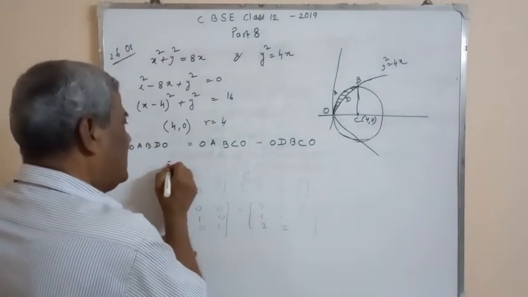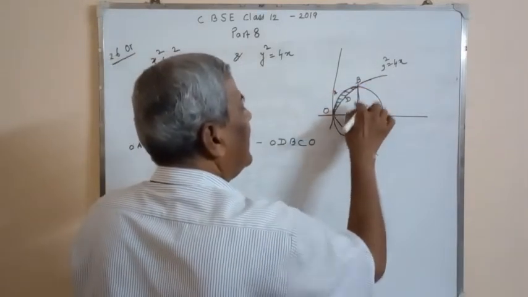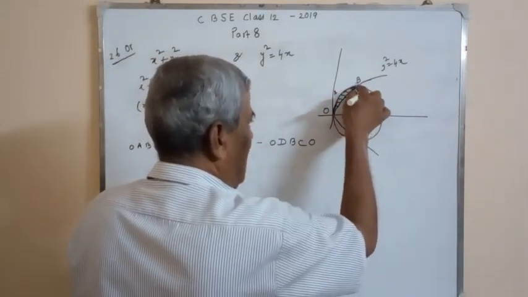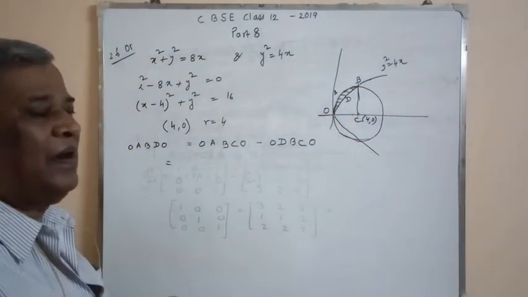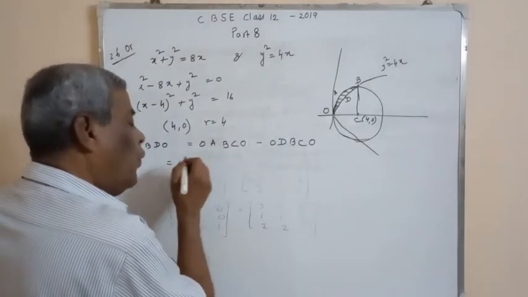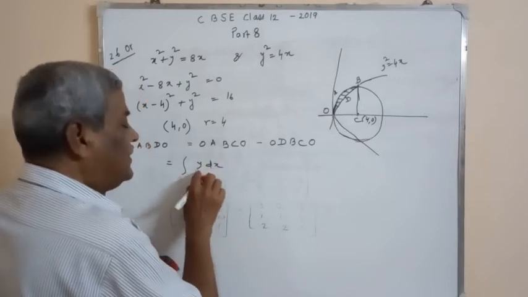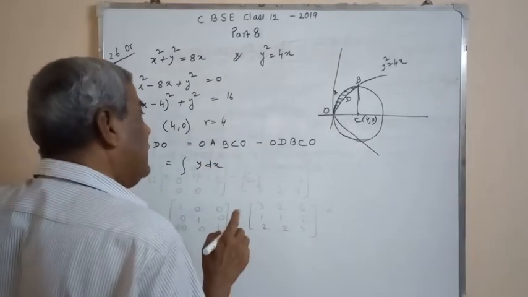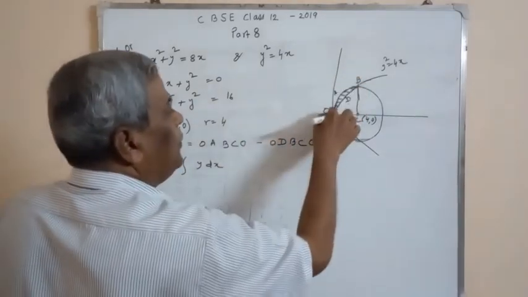And this part, OABCO, its upper line is OAB, which is along the circle. So the integration is y dx. Y we have to obtain from the equation of the circle, the equation of OAB.